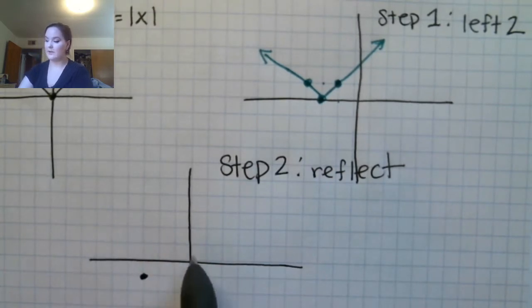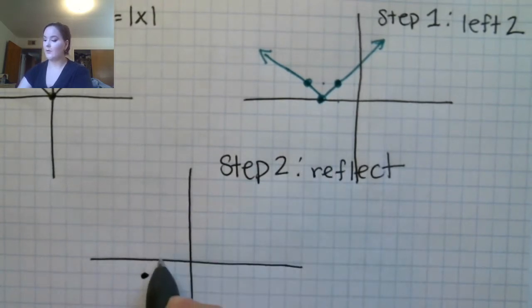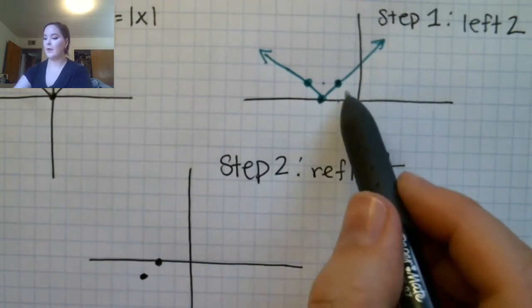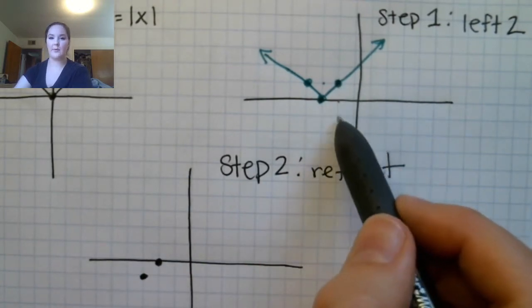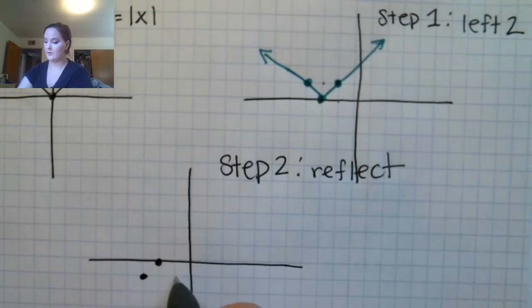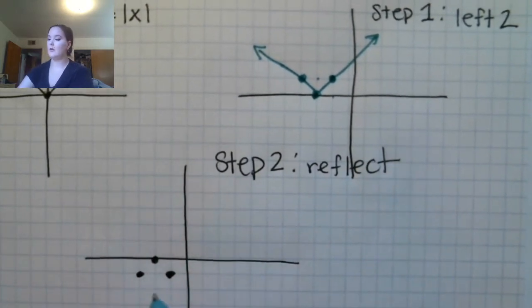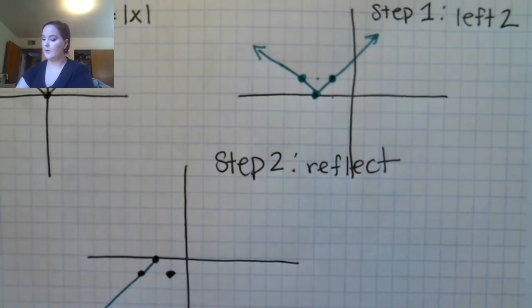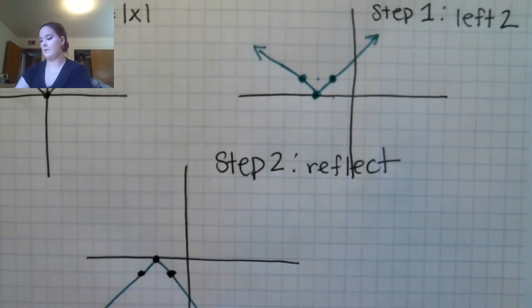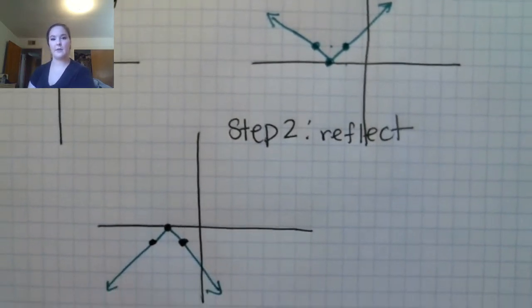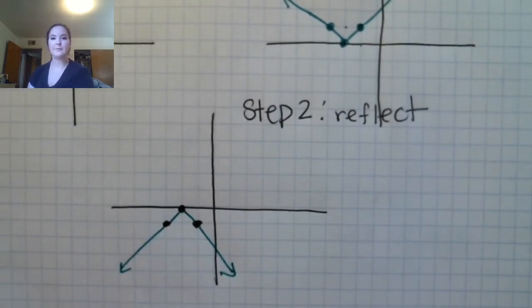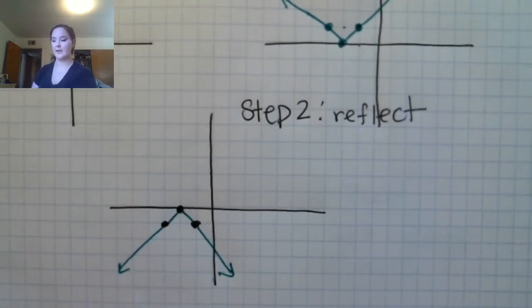When this key point reflects, it stays the same. And then this key point will reflect down. So this key point, which was here, will reflect down. And here's our new graph. So it's both shifted and reflected.